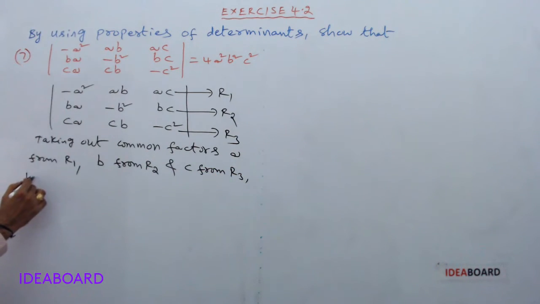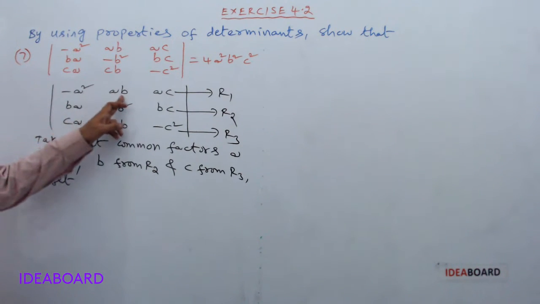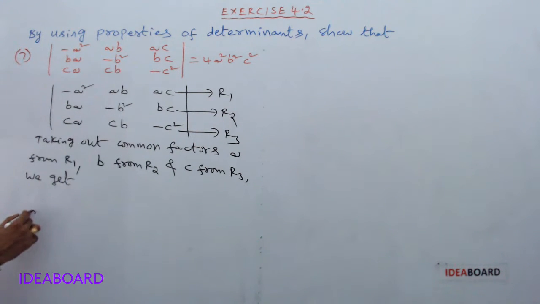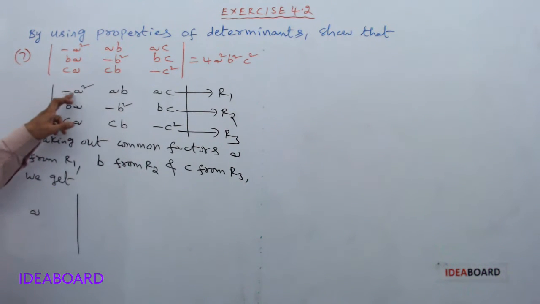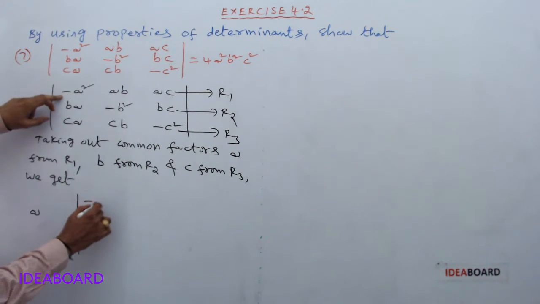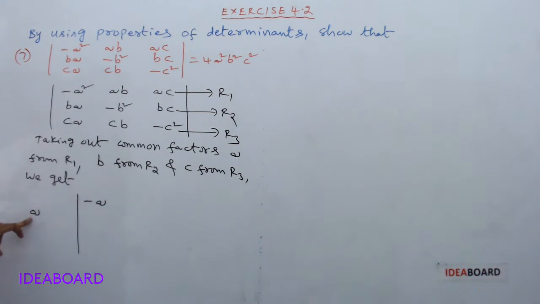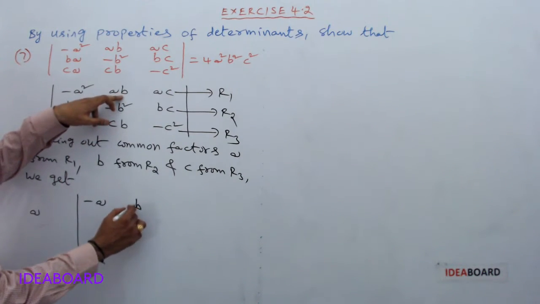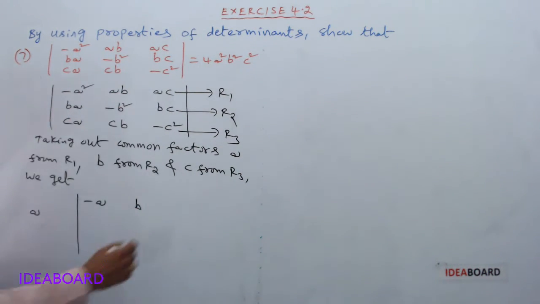We get, take a from R1, a into determinant of, when you take a, we know that a square means a into a, so we can take it as minus a, b, and next we have c.